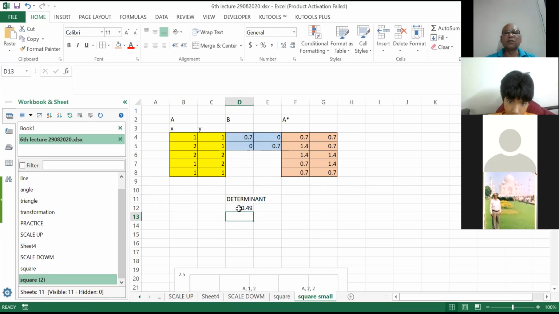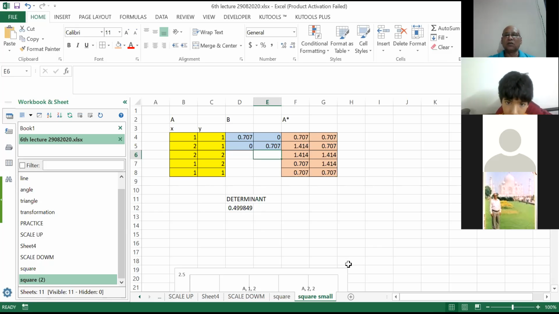You see 0.79, close to half. So this will be 0.707 and 0.707. If you round it, it will be 0.5.